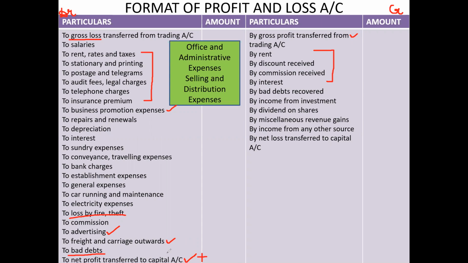And if your debit side is greater than the credit side, then the resultant balancing figure will be net loss, and net loss is going to be subtracted from the capital, which is shown on the liability side of the balance sheet. I hope that the format of profit and loss account is clear to everyone.